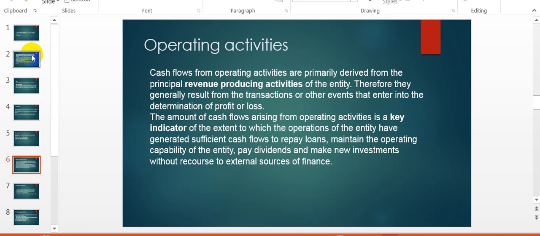Clear? When you're finished with that group, then you close and transfer your total to the far end column. Then you are done with the cash flow from operating activities.